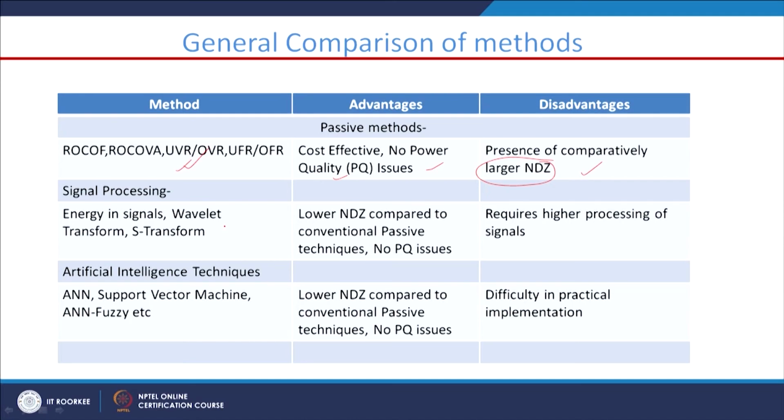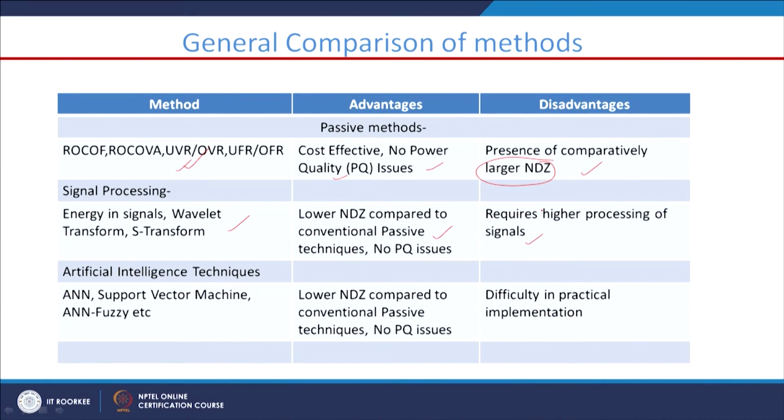In the review literature we also see signal processing techniques like energy in signals, wavelet transform, S transform, with lower NDZ compared to conventional passive techniques and no power quality issues, but they require higher processing of the signals, very robust and compact, physically implementable in the real field.